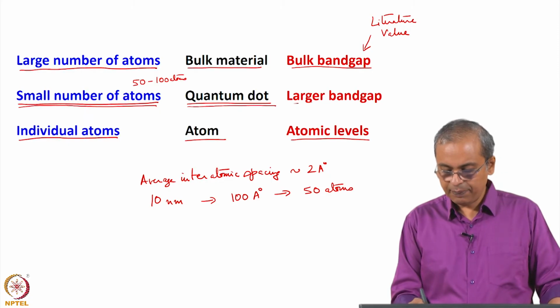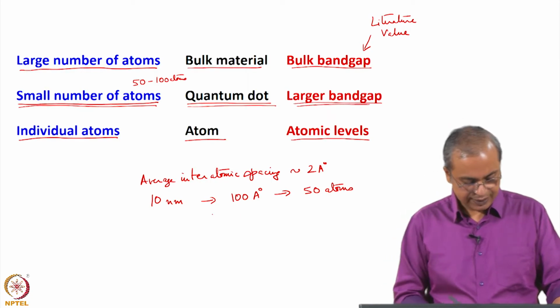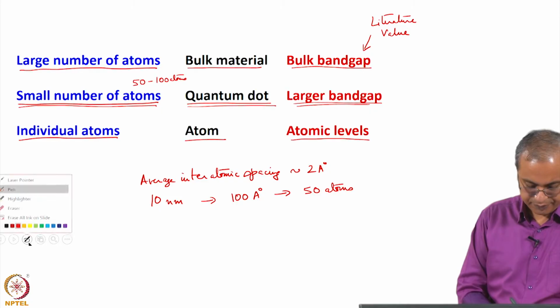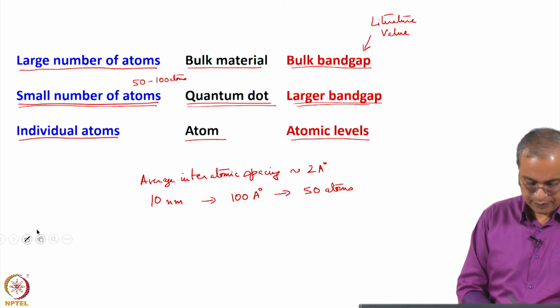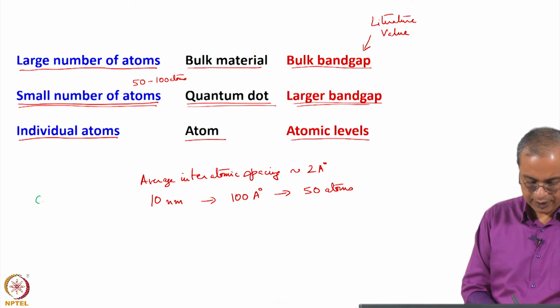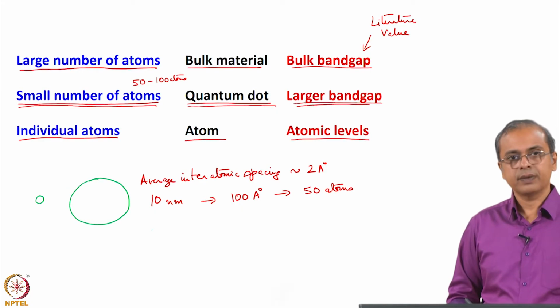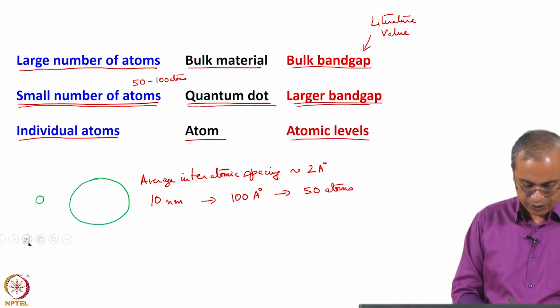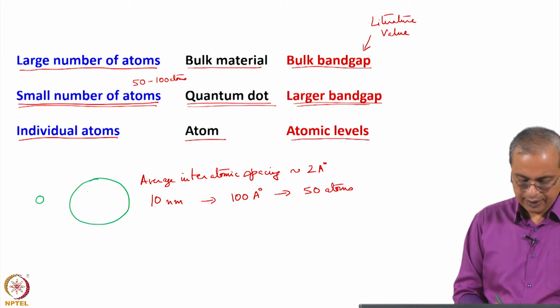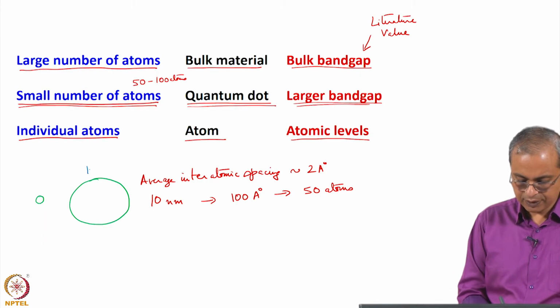In particular, let us say you have two particles, one small and one large, and let us say your exciton Bohr radius is this much.